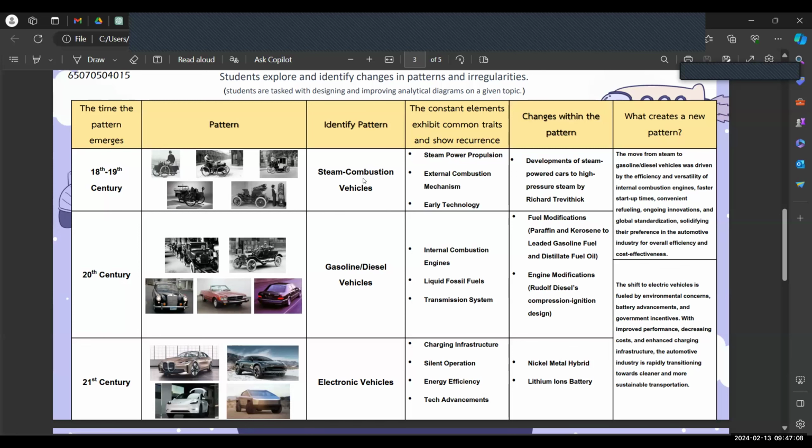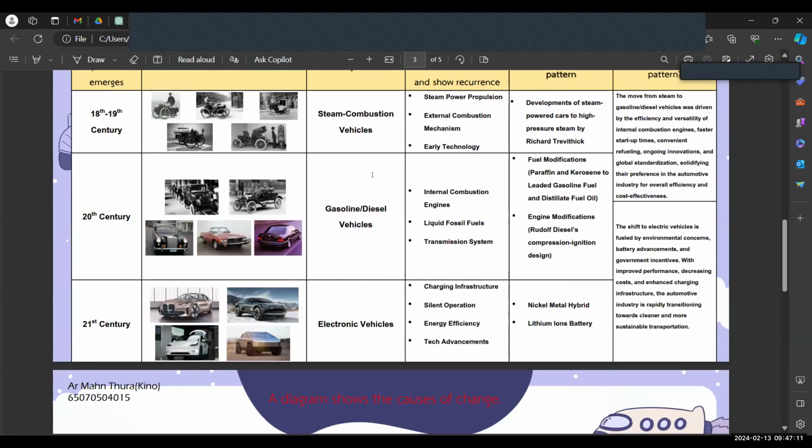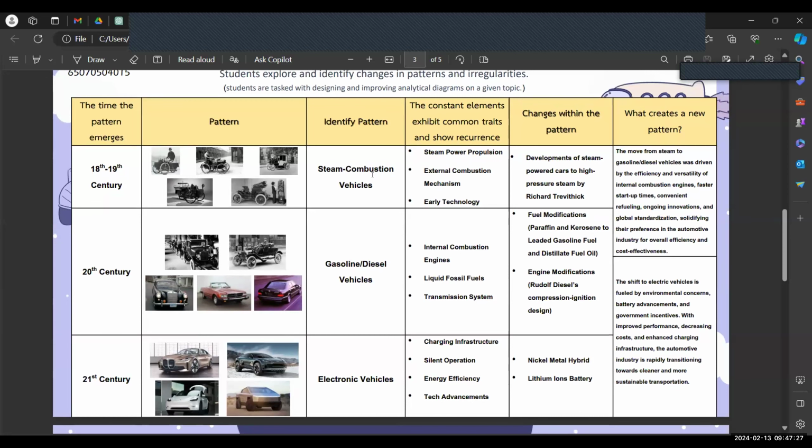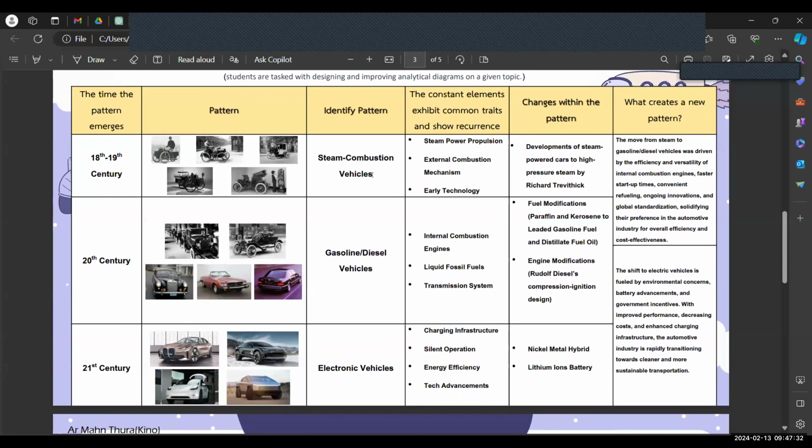The first period is the 18th to 19th century, in which steam combustion vehicles were first invented. The second one is the 20th century, where gasoline and diesel vehicles came into place. And the last one is the 21st century, where electric vehicles became more and more popular.